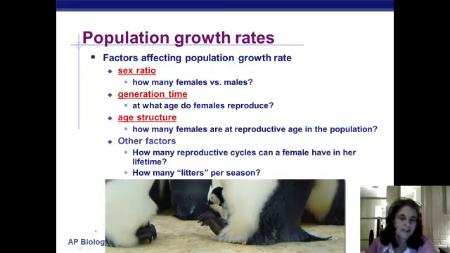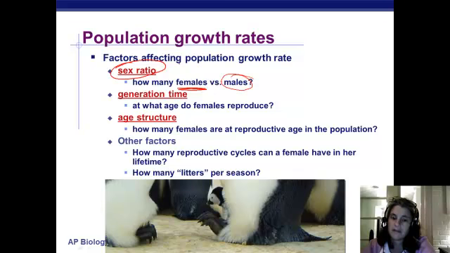Population growth rates can be affected by a lot of things. For example, how many males to females. If you only have very few females, that's generally going to limit your population growth, because males can mate with many females, but generally a female is only going to mate once or maybe twice, so they're critical, and raise the children. How long does it take for the females to reproduce?